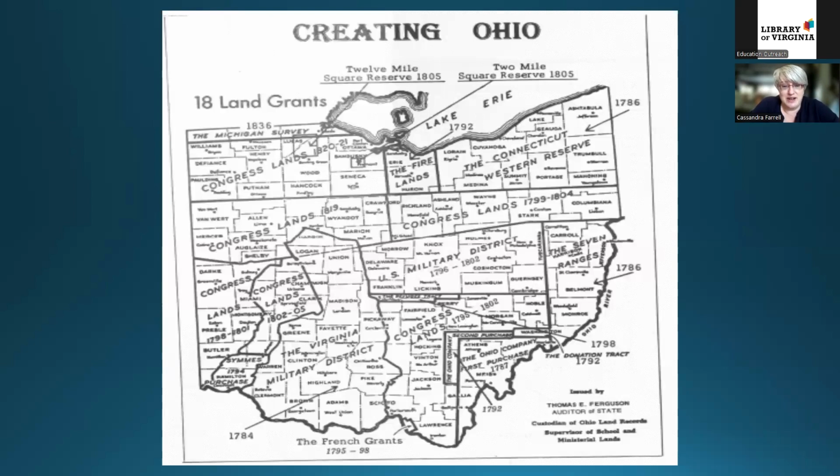In congressional lands, in lands that were settled by the United States government, those were established based on townships, particular modes of survey as identified by the Land Ordinance of 1785. So it's a little different settlement patterns. So who's moving into Ohio?